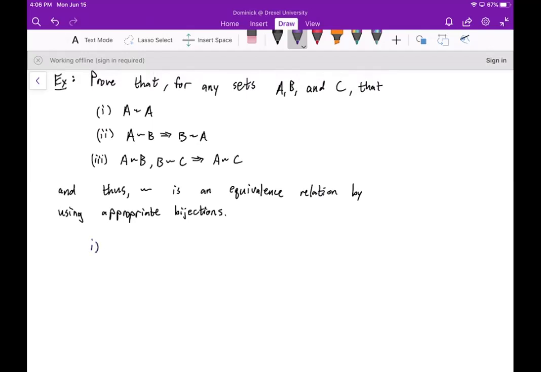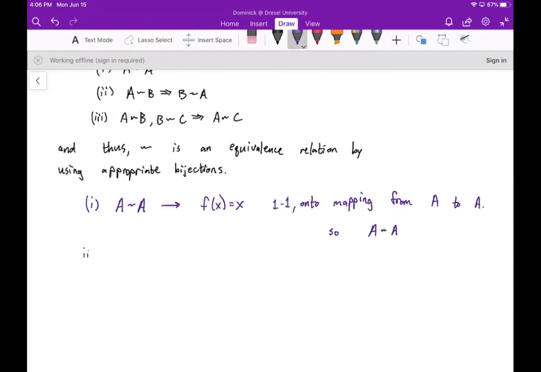So first let's show A is equivalent to A. Now for this, an appropriate bijection would just be the identity map. Right? So this is a one-to-one onto mapping from A to A. So then A is equivalent to A.